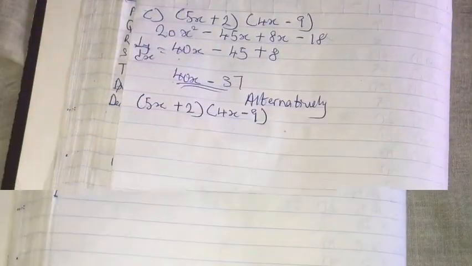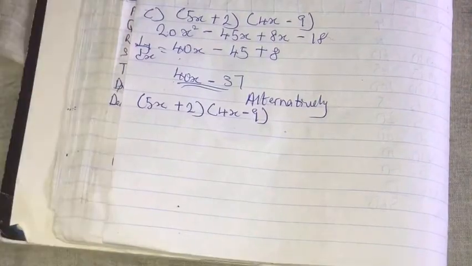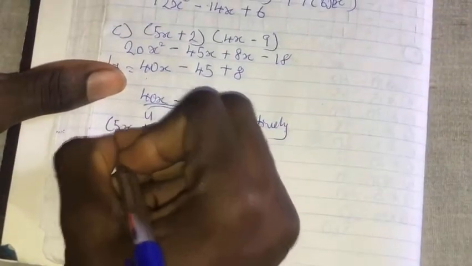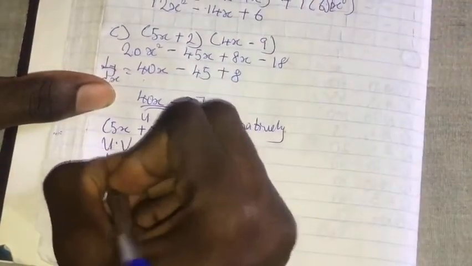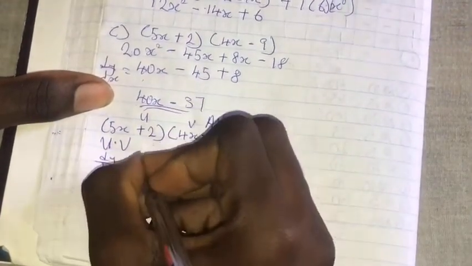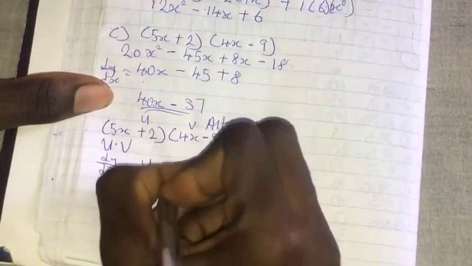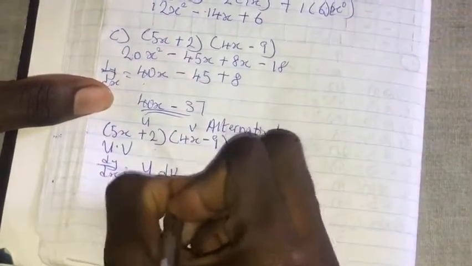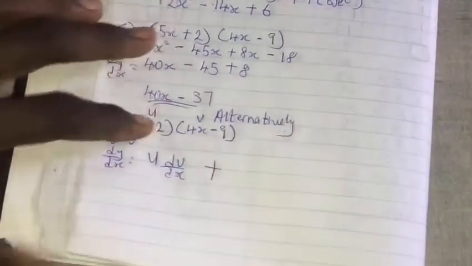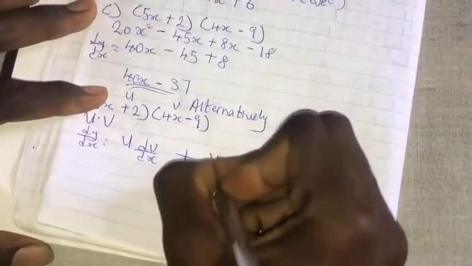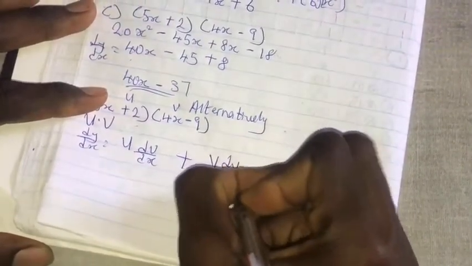Alternatively, the second method to solve this without expanding is you replace each bracket with u and v. So the differentiation of u times v, therefore the dy/dx of this is u dv/dx plus v du/dx.